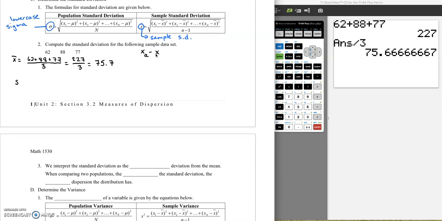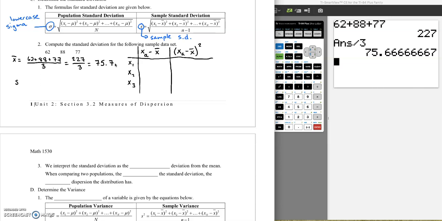That just means we're going to take each data value and subtract the mean. We're going to do this as a table. So x1, x2, x3. Then we'll take that amount and square it. And that will help us.